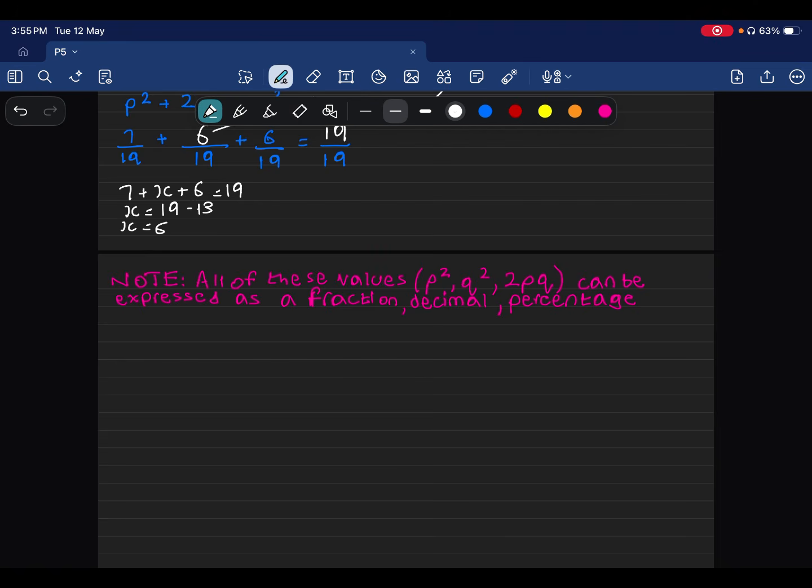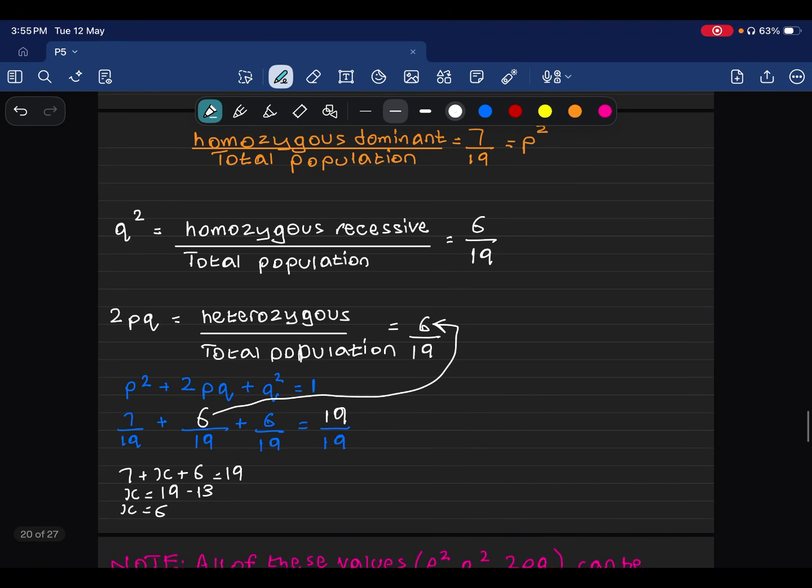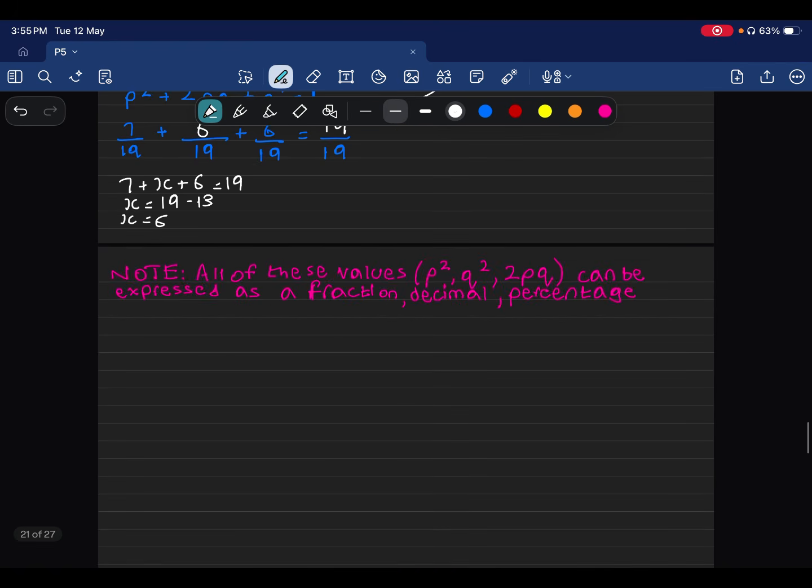You can write the answer as a fraction, just like we did in this case. You can write the answer as a decimal, just put the fraction in the calculator, press the S-D button, and you're going to get the decimal. Or once you get the decimal, multiply it by 100 to get the percentage. You could write it in any of these three forms or any of these three versions.